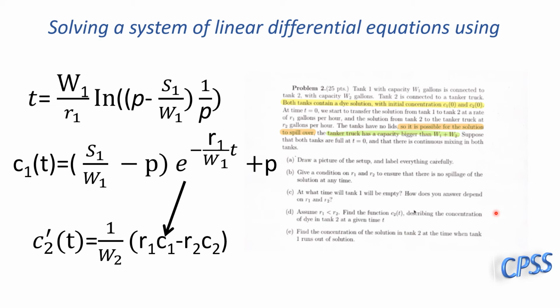Now, C2 is dependent on time. It's the dependent variable, and t is the independent variable. So if you substitute that in, what do we do here?